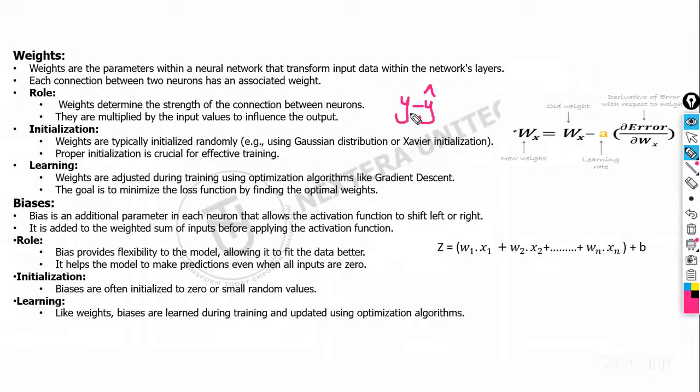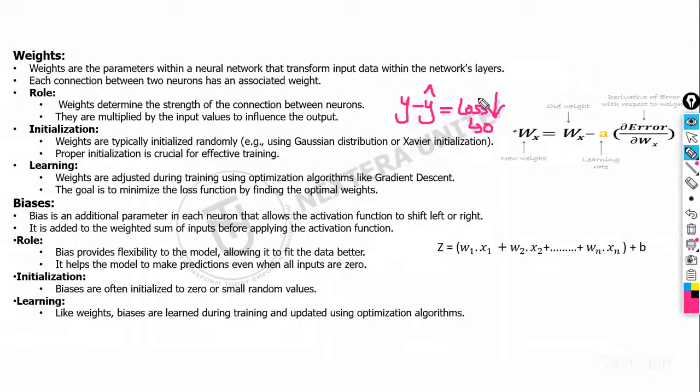So the difference between y and y hat will give you your loss. So this loss has to be very small. When you have the loss function as a very small value, or when you have it at 0, when both actual and predicted values are the same, then obviously the loss function will be 0.